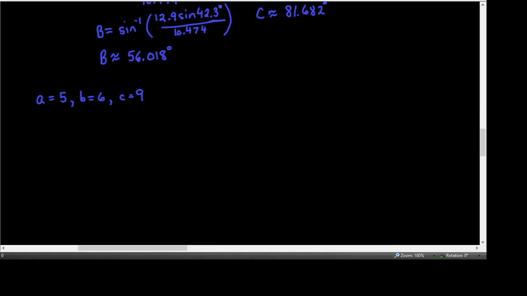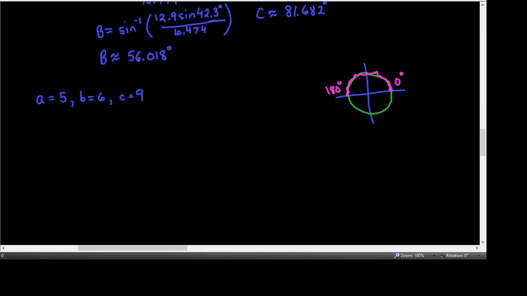So since we're using law of cosines for sure here, I want to remind you that if you're doing cosine inverse, the range of values for cosine inverse goes from 0 to 180 degrees, which means that if there's an obtuse angle, this would definitely allow for that, and we could get an obtuse angle answer using law of cosines.